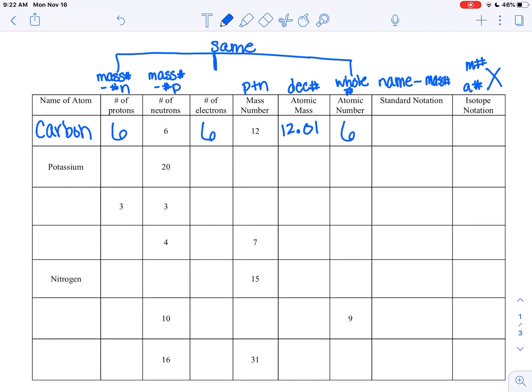For standard notation, you're going to put the name hyphen mass number. Our mass number was 12. Make sure you use the mass number and not the atomic mass. We don't want any decimals in here. And then isotope notation, we have 12, the symbol, and 6 on the bottom.